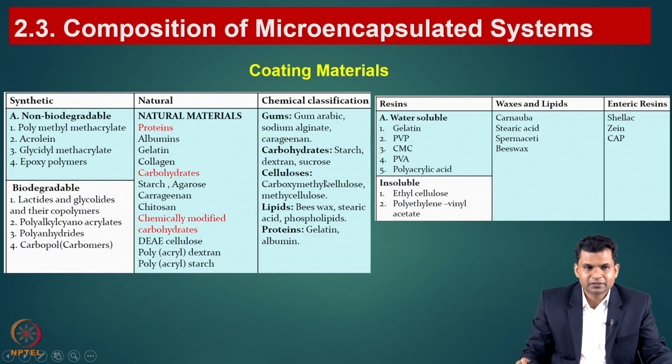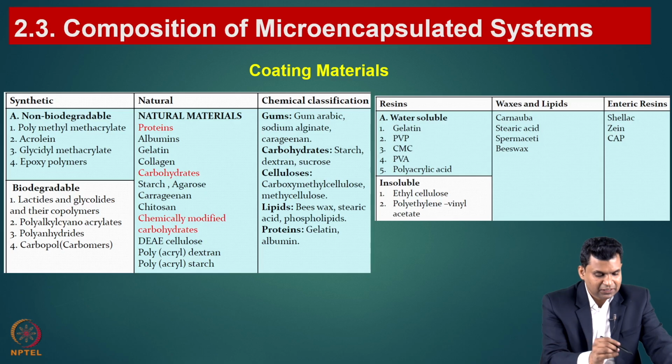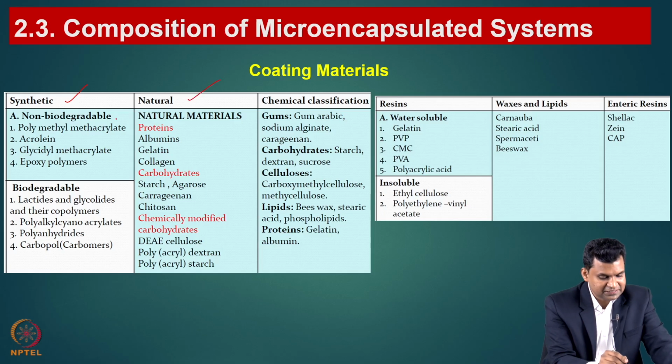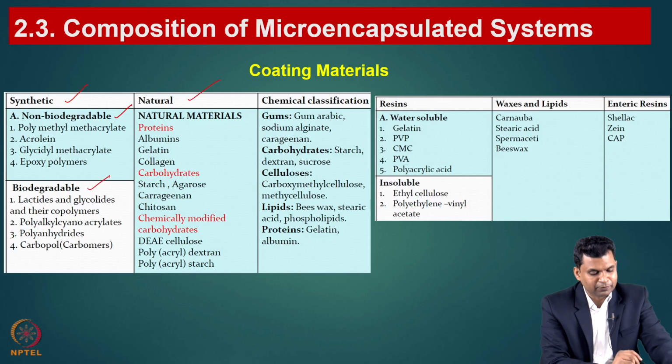Now, here are examples of various coating materials. They are classified as synthetic and natural materials. Again, it is classified based on non-degradable and biodegradable polymers.